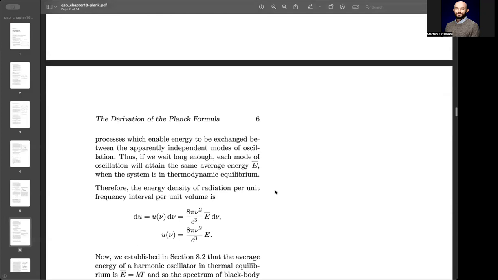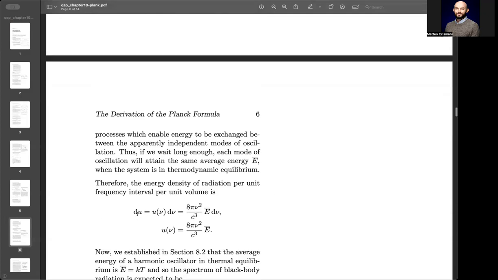And similarly here, this is the energy per unit frequency. If the energy per unit frequency is simply the number of states, which is this part here, times dV, times this average energy, then this differential is perfectly fine. I can just write U and I can just have it like this.